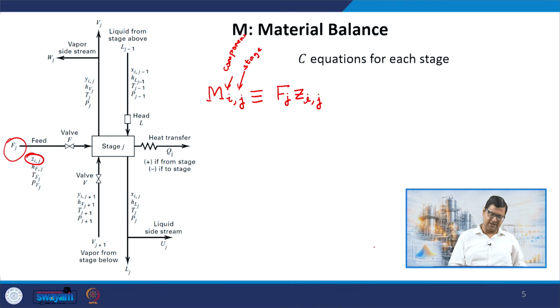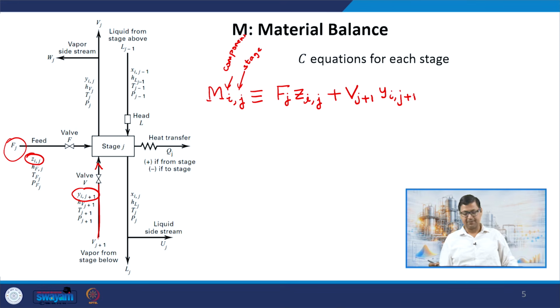Then the other stream that is also entering is the vapor from below. So, Vj plus 1 stream is also coming. So, we write Vj plus 1 and then the corresponding mole fraction Yi j plus 1.